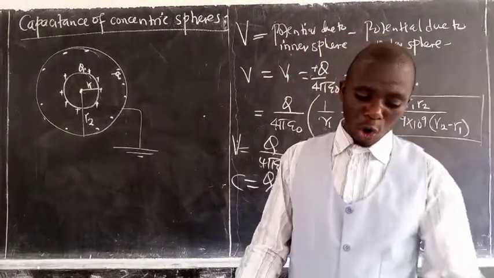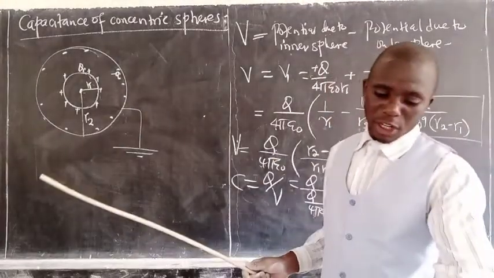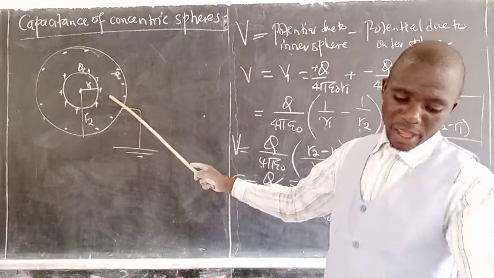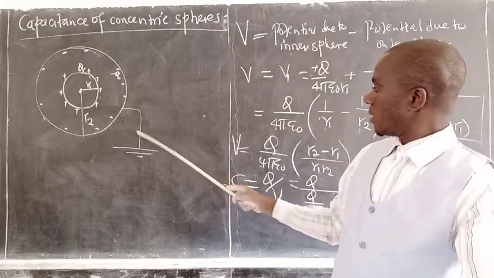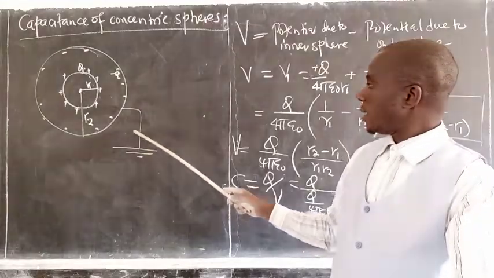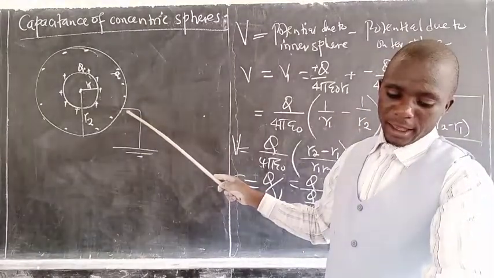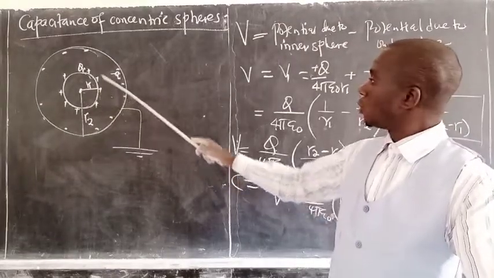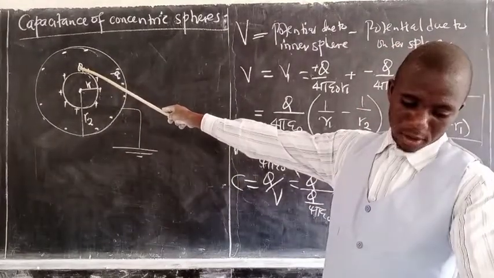I said that suppose two hollow concentric spheres are arranged as shown in the figure, with the outer sphere Earthed on its outer surface and the inside sphere with a charge of positive Q on its surface.